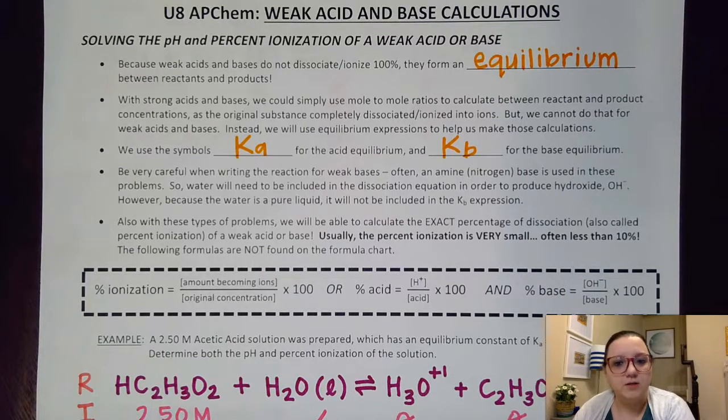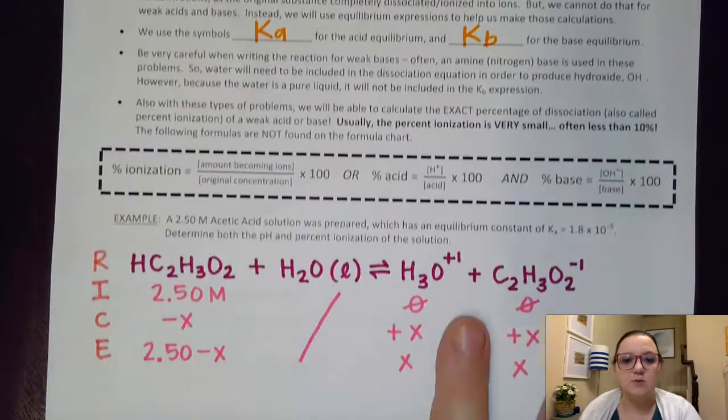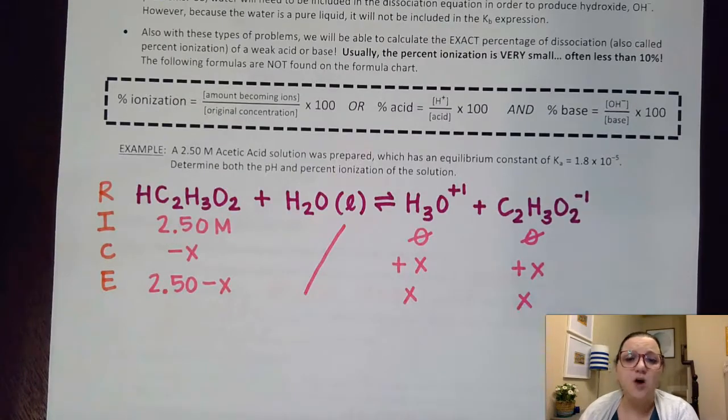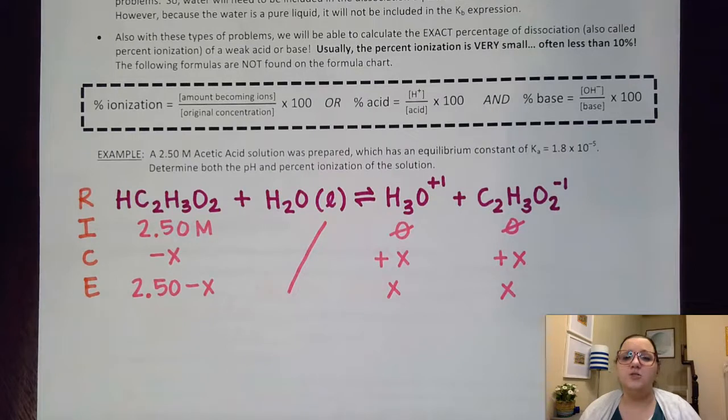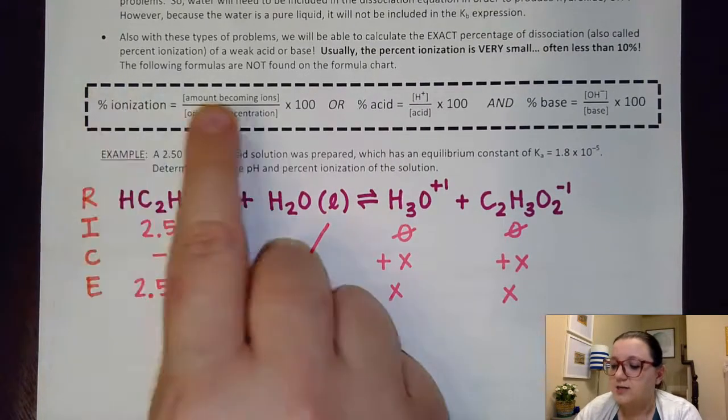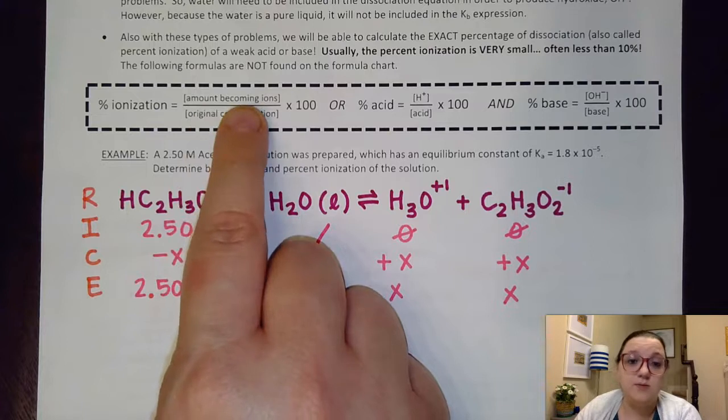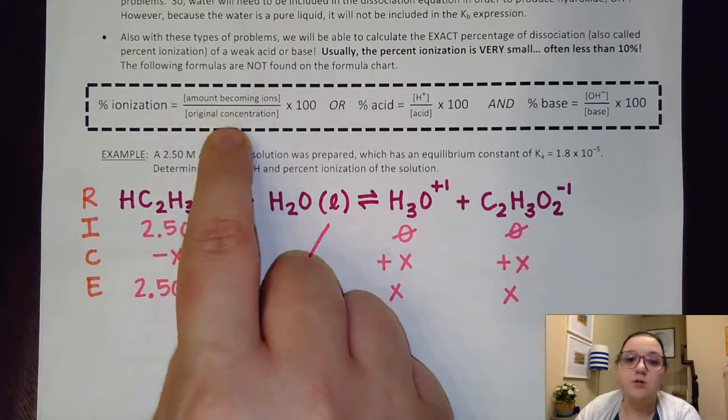There are formulas we can use to solve these, which you'll notice on here. These are not on your formula chart, so you're either going to have to get familiar with them or memorize them, whatever is best for you. Percent ionization is how much of our substance actually became ions over the original concentration of the substance.